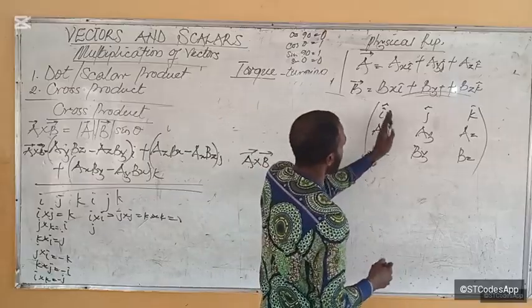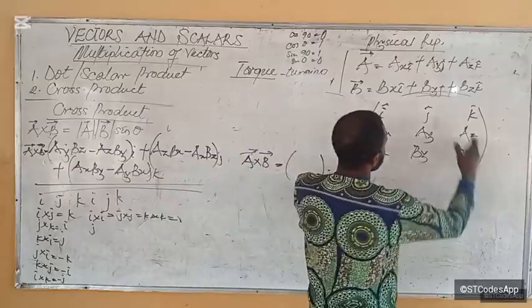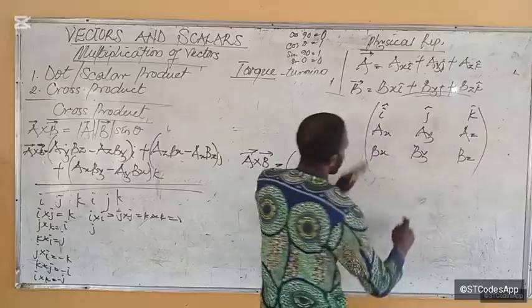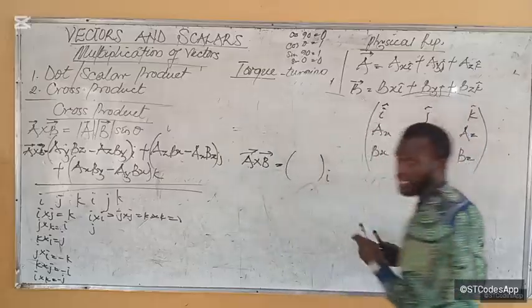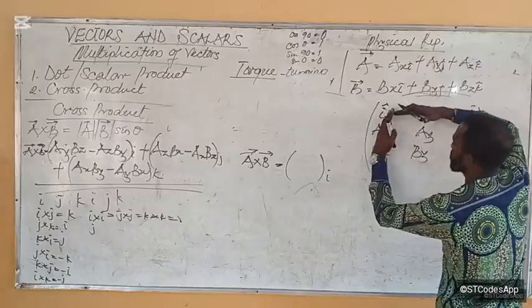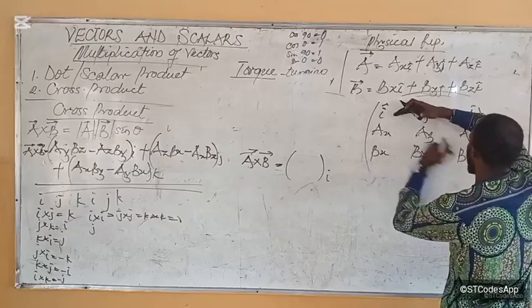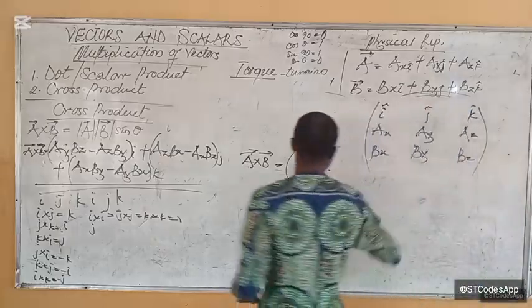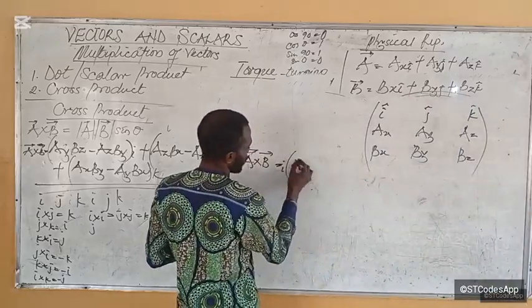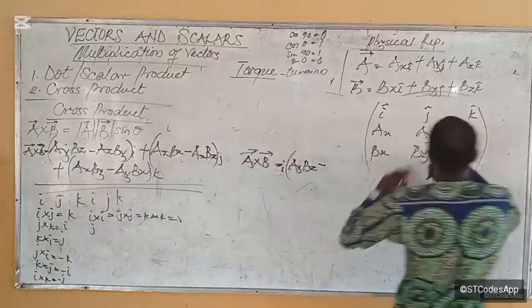For I, we'll cover this place and this place. Do you understand? To get the values of I, we'll cover this place and this place. Exactly. We'll now multiply this times this, AY times BZ. For I, we have AY BZ minus the second diagonal.